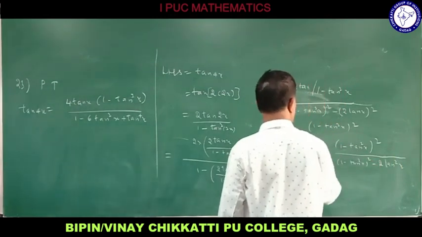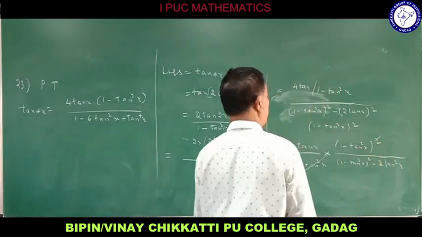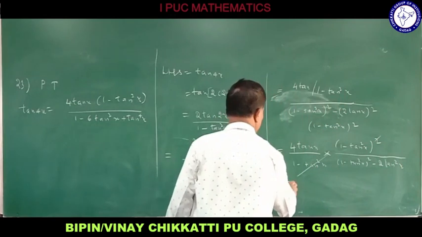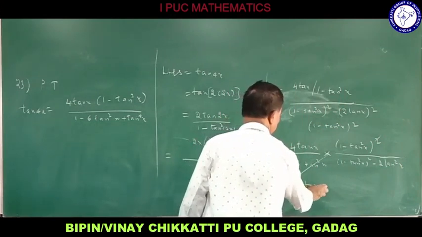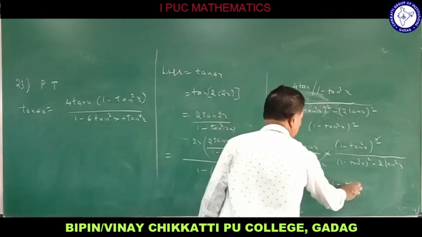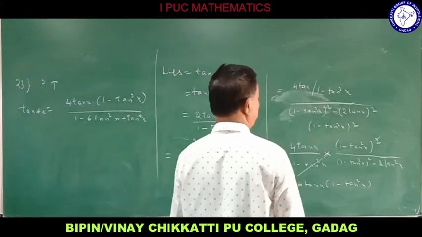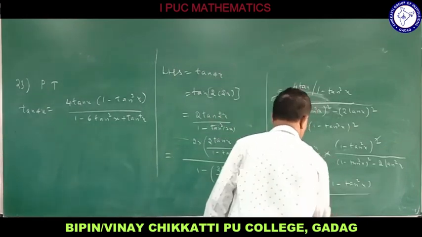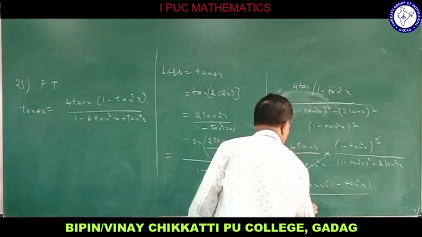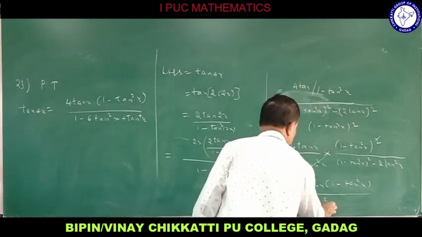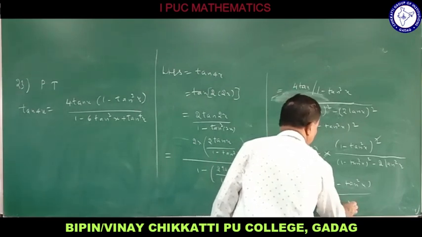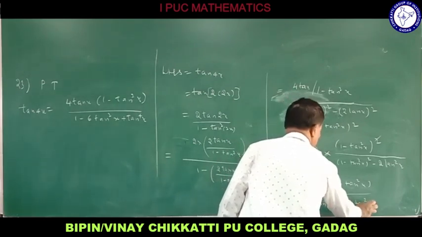So this cancels and 1 is left out. So you get 4 tan x into bracket 1 minus tan square x, and here also the 1 minus tan square x cancels, and that is square minus 2 tan square x.